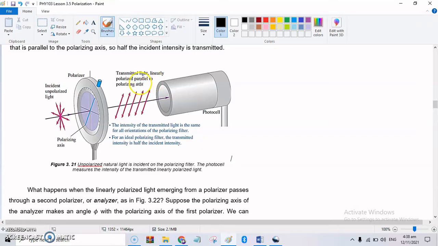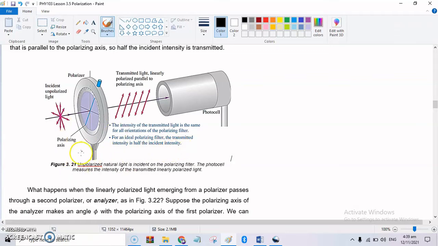When we say parallel, they are of the same angle. The intensity of the transmitted light is the same for all orientations of the polarizing filter. For an ideal polarizing filter, the transmitted intensity is half the incident intensity.